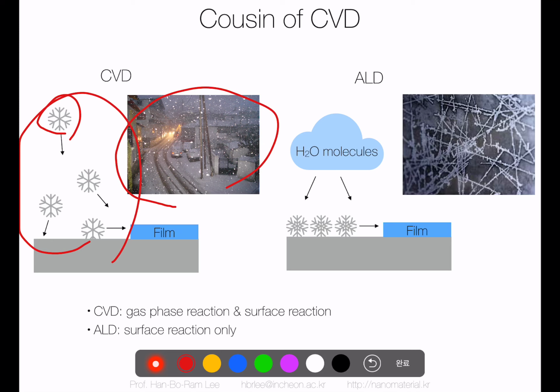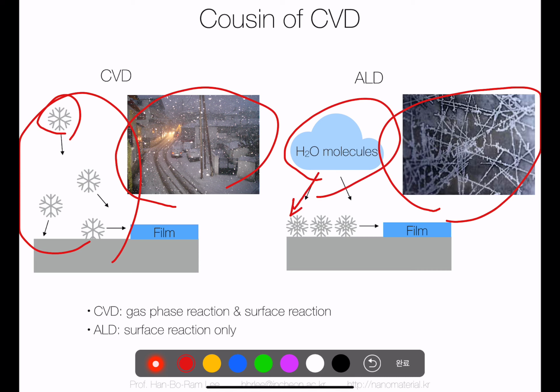But in ALD, that is the icing on the surface. It's very similar to icing on the surface. For example, in this image, we have a water molecule. The water molecule comes in and is absorbed on the surface, and then it is transformed to ice. That is only a surface reaction.